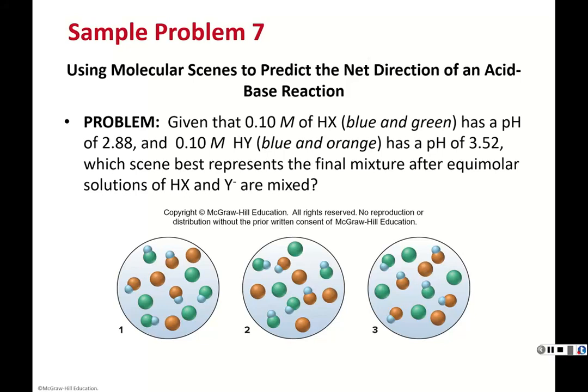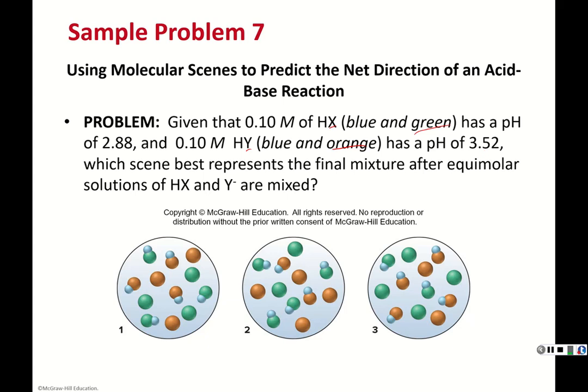Okay. Another question dealing with the same principle. Given that 0.1 molar HX, which would be blue and green, so X is going to be green, has a pH of 2.88, and 0.1 molar HY, which is blue and orange, so Y is orange, has a pH of 3.52.